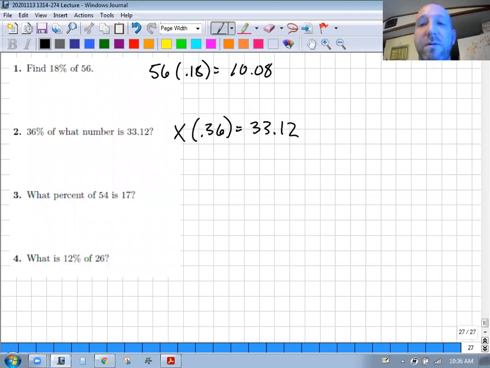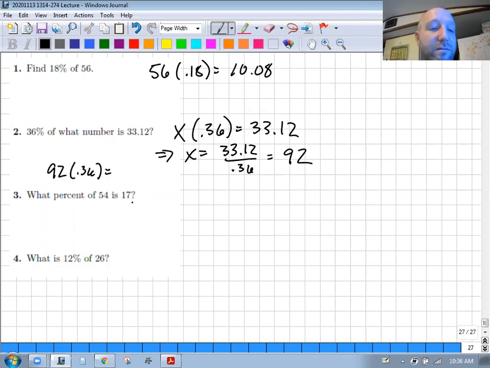So x is 33.12 divided by 0.36, which is 92. So we could check our work, right? 92 times 0.36. Yeah, it gives us 33.12.